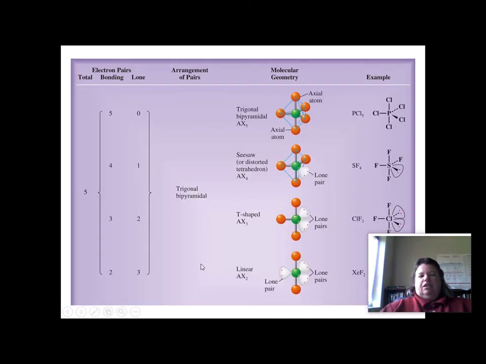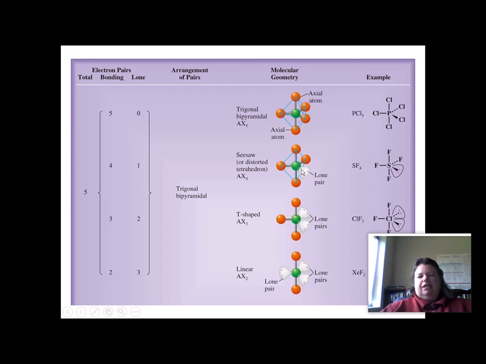Okay? To go to the 5 family, which is the trigonal bipyramid, there were 4 different possibilities. The 5 and 0, so again, that one is the same as the family name. A 4 and 1. Now, the whole idea is I want to minimize the angles between them. So if this is 120 and this is 90, if I took this one off, it would be 90 for all of them.